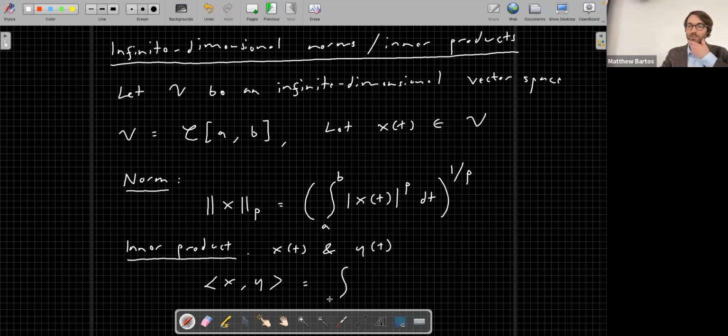If it's in the real numbers, for example, you take the integral from a to b of x of t times y of t dt. Okay, so we'll get to these types of infinite dimensional norms when we talk about the controllability and observability gramians a little bit later on. But the point I want to make is that you can define norms and inner products for functions as well as for finite dimensional vectors.